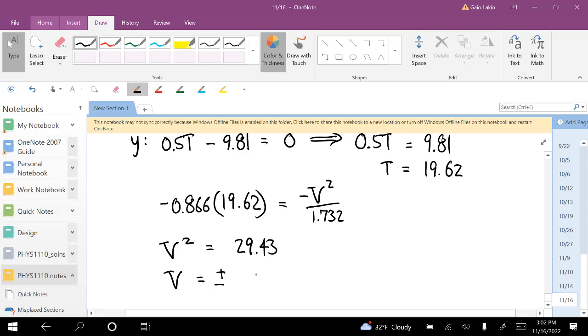So v is plus or minus 5.42 meters per second. V is a speed, so we'll take the positive one. Any questions about that?